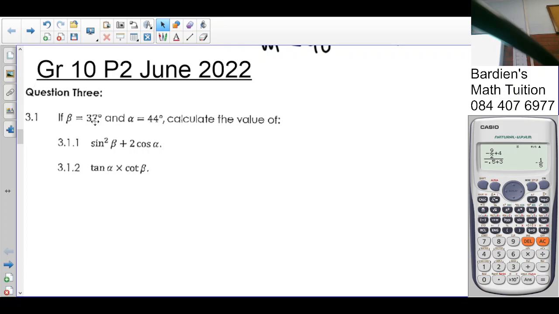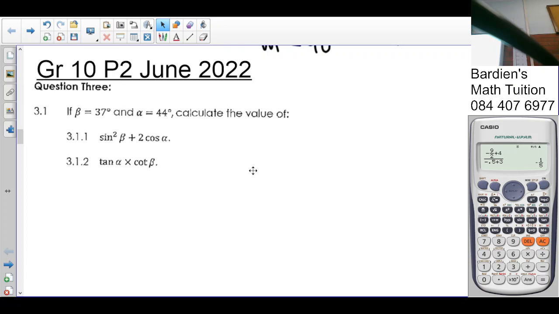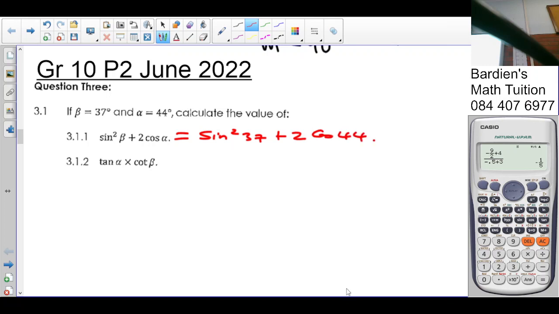Okay, in question 3 we are told that if beta is equal to 37 degrees and alpha is 44 degrees, okay, I'm going to pause the video, okay, calculate the value of, so yes, it's a matter of substitution, so it's going to be sine squared beta, which is 37 degrees, plus 2 cos of 44, which is your alpha angle.